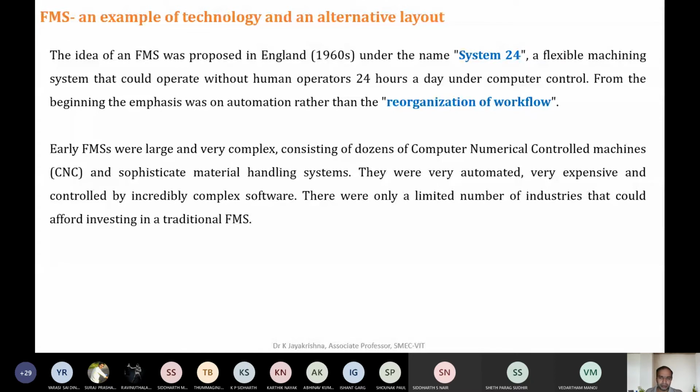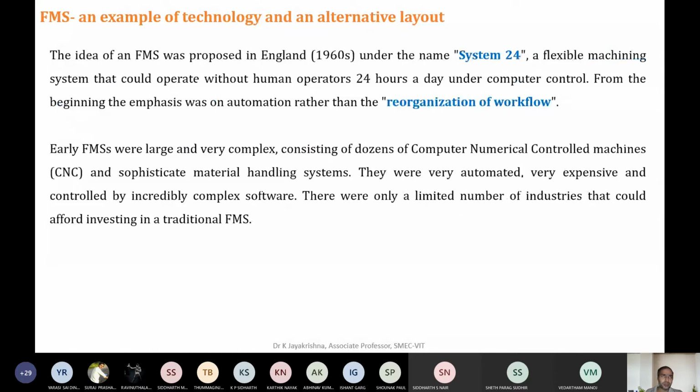As computers took over the shop floor, when the machines were controlled by computers, that is CNC machines, and when automated material handling systems were there, then came the flexible manufacturing system. But what was the difficulty? The cost.